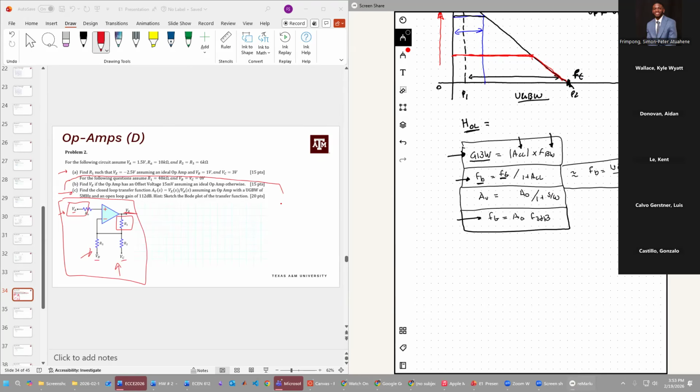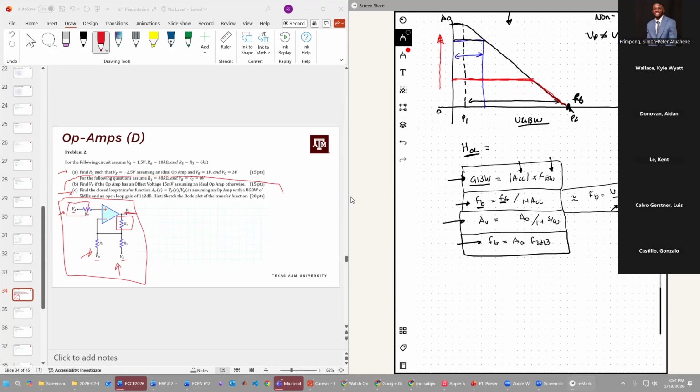This is the open loop cutoff frequency basically, and it's divided by 1 plus the open loop gain. Now, sometimes you're able to simplify this to be the unity gain bandwidth divided by the closed loop gain, and so on and so forth.